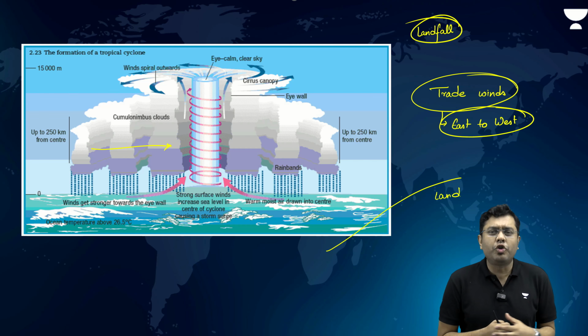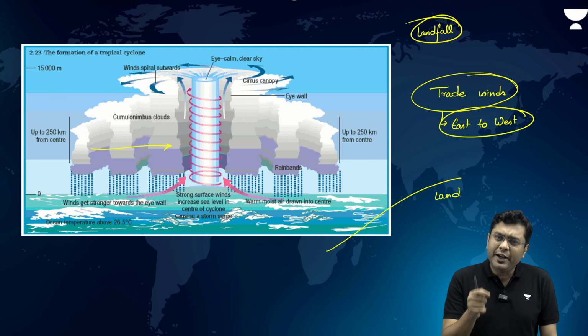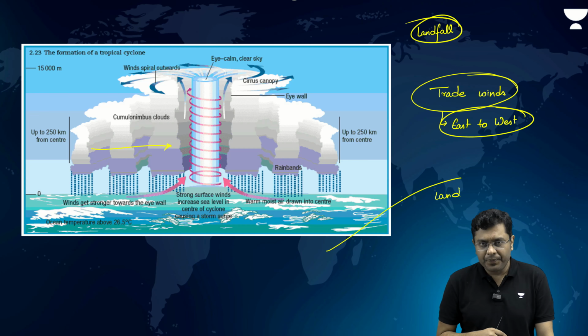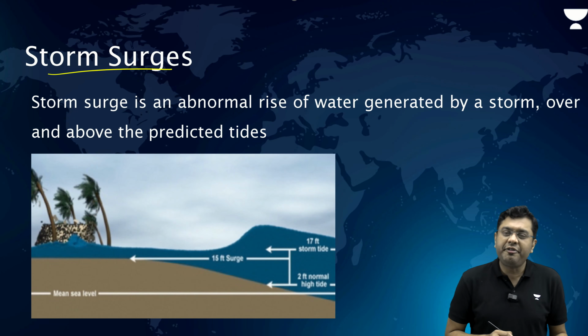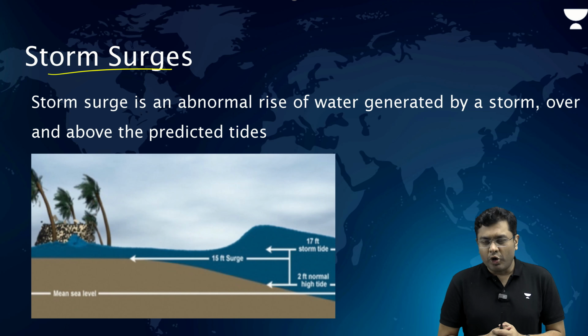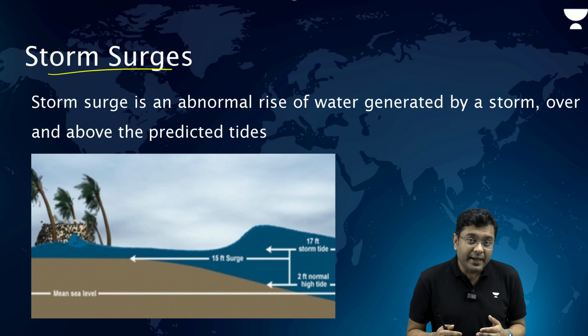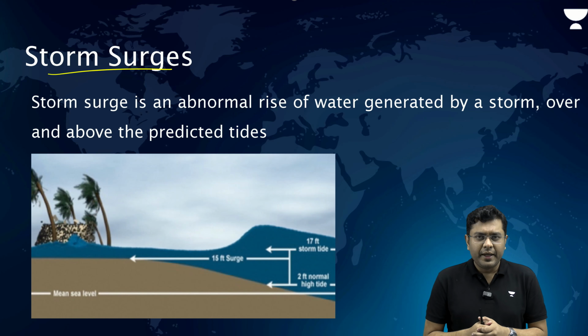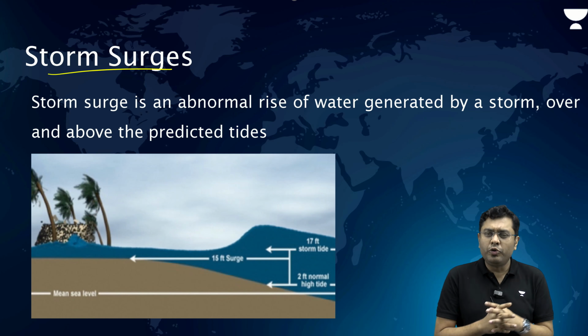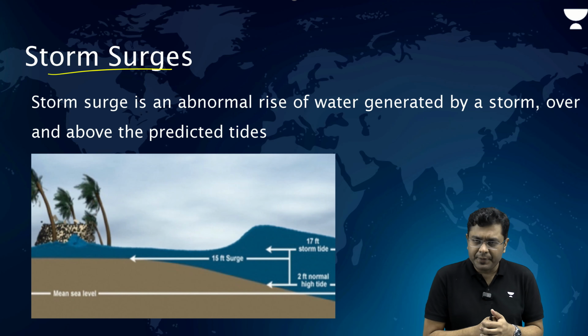But whenever you have this tropical cyclone, immediately you experience coastal flooding, which is very prominent. Why do you experience that coastal flooding? That is because of an impact or an effect that we refer to as a storm surge. Basically, when you have wind movement in the coastal areas, the winds carry significant amount of water with the help of the waves.